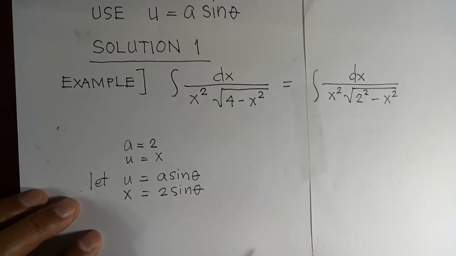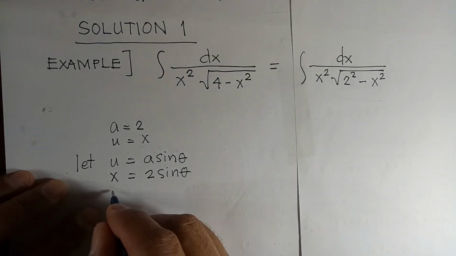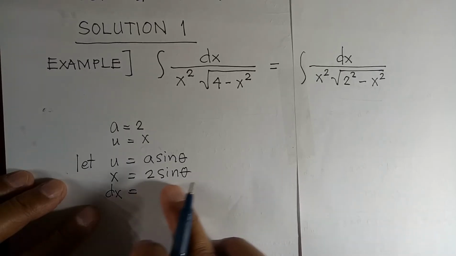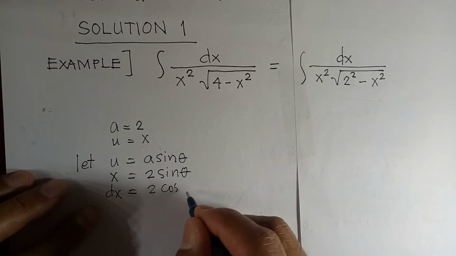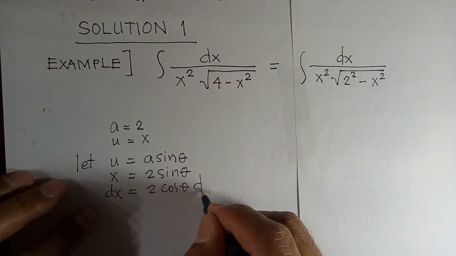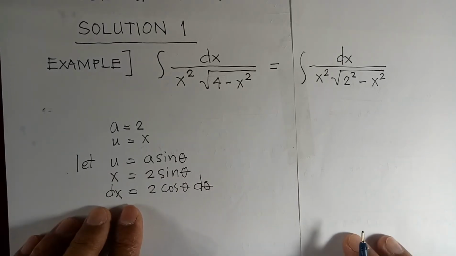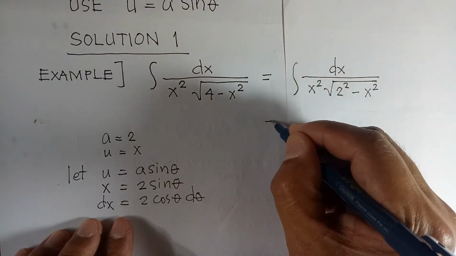Pagkatapos nun, kukuha tayo ng derivative both sides. So, derivative ng x ay dx. Derivative of 2 sine theta equals 2 cosine theta d theta. Magkakaroon na tayo ng substitution.